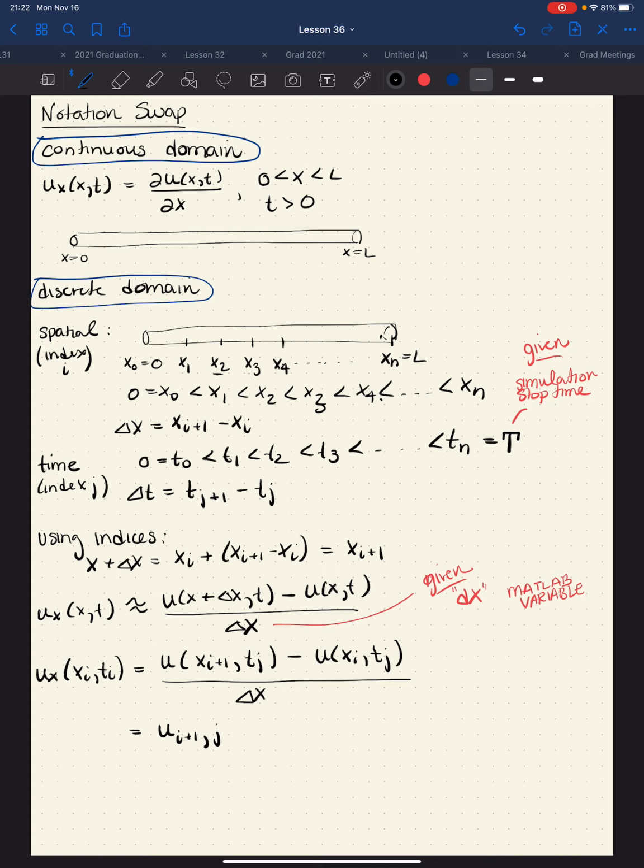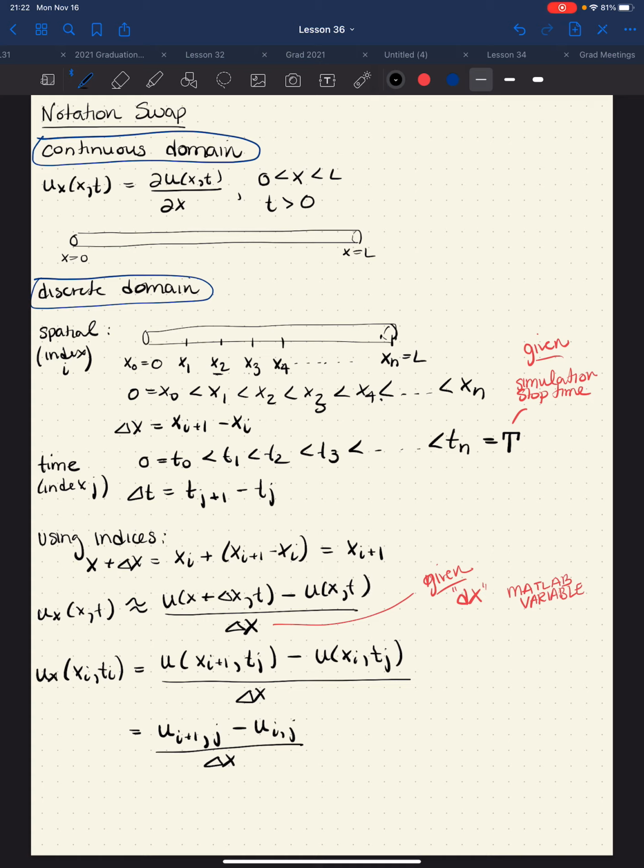This indicates u evaluated at the next x, the x value to the right of where you currently are, at the current time, minus u_{i,j}, divided by delta x. I think this notation is very compact, and it's just much easier to work with.